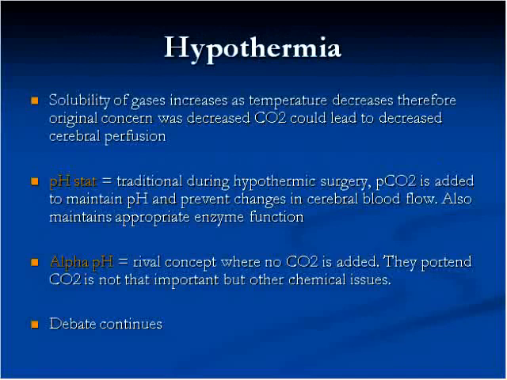But this is kind of a different story, but I was asked this question once, should I use pH stat or alpha stat? And just for your clarification, during hypothermic surgery, they know PCO2 can affect cerebral blood flow and enzyme function, so they add it to maintain the pH and prevent those changes in cerebral blood flow and enzyme function.